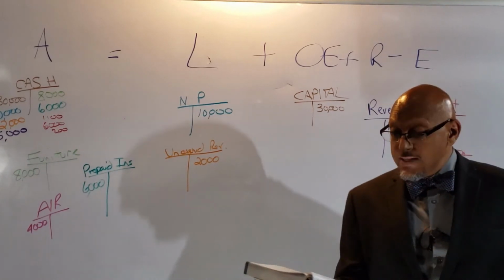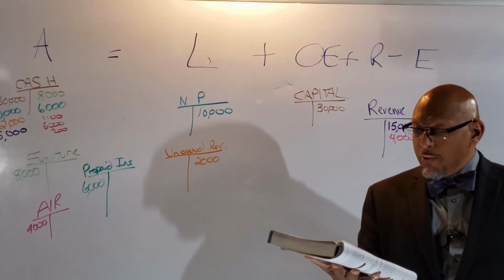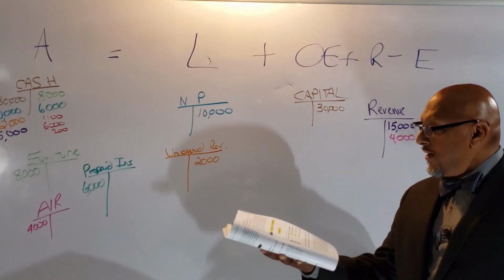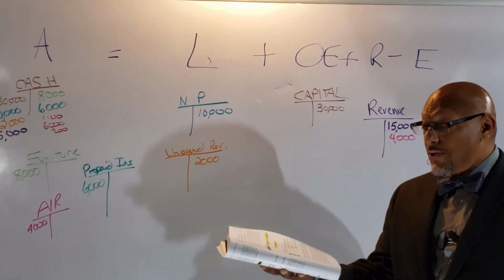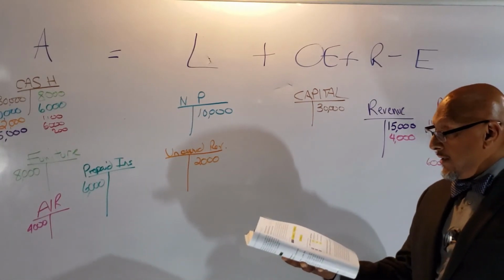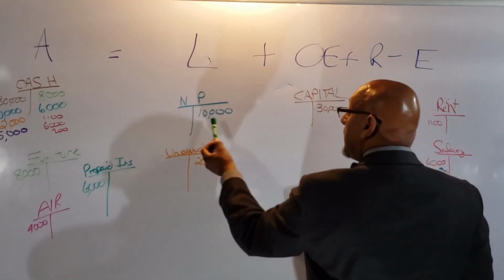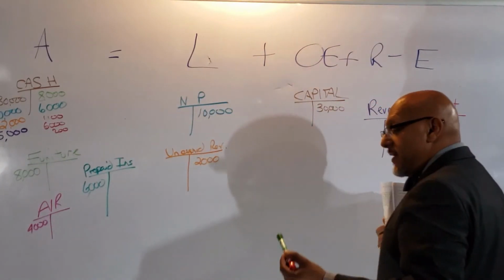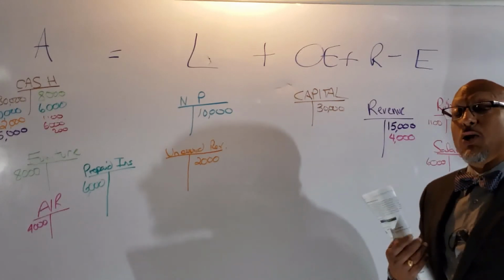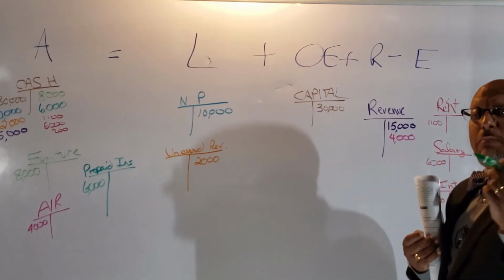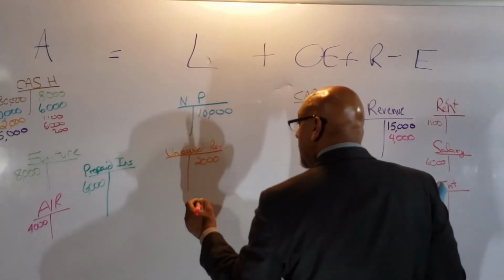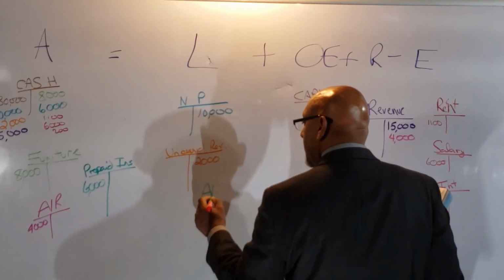The next transaction, Ace Bookkeeper receives a telephone bill for $300, which will be paid later. So it will be paid, just like our note here, it will be paid. So if we owe something we're going to pay, that's a payable. In fact, it's going to be accounts payable.